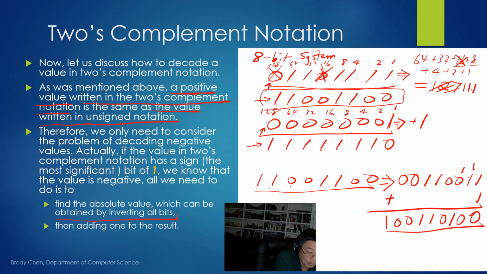So that's the absolute value of the number. Let's convert it into the decimal value. So this is 1's position, 2's position, 4, 8, 16, 32, 64, and 128. So we need to care about this and this, right? So it's 32 plus 16, that's 48, plus 4, 52.